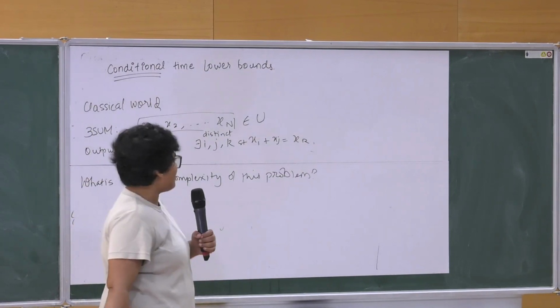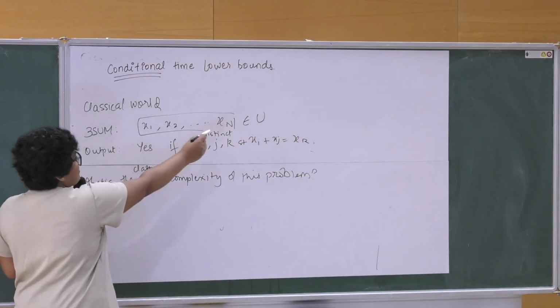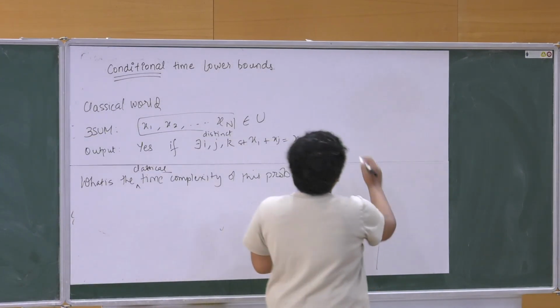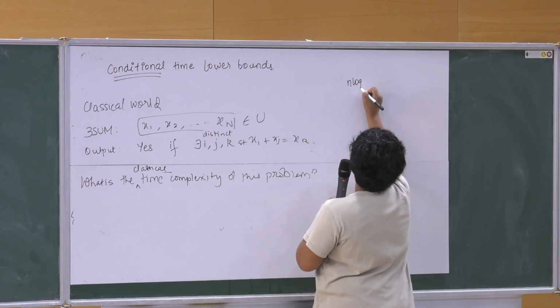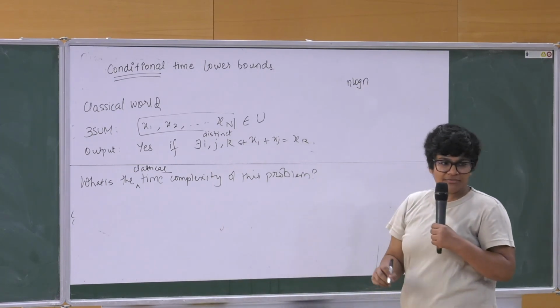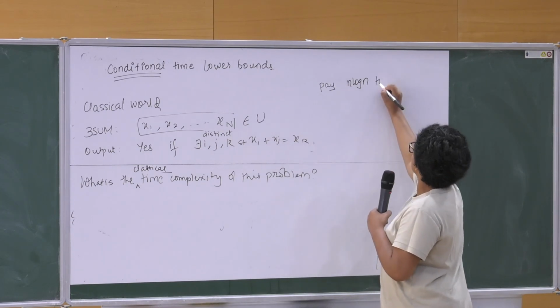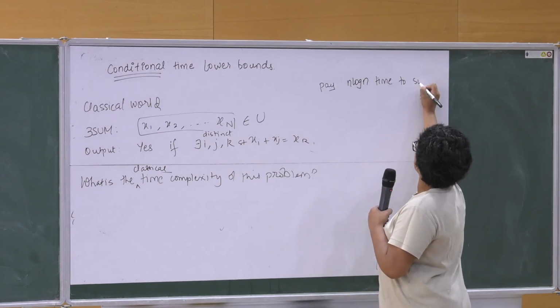But let's do something smarter, okay? Someone gave me this x1 up to xn. Let me take around n log n time and sort it first. So I pay n log n time to sort first.